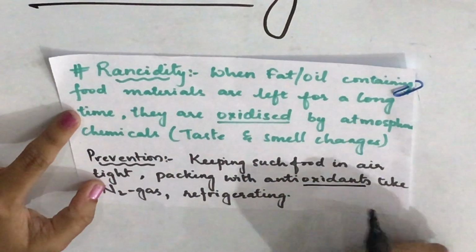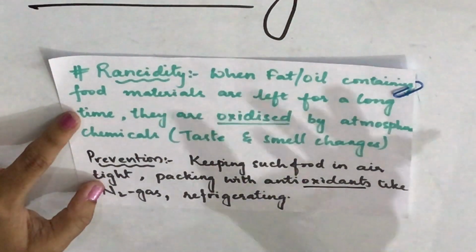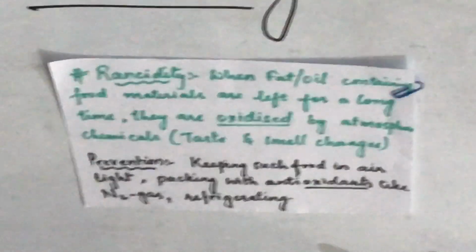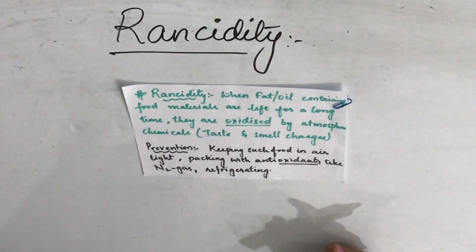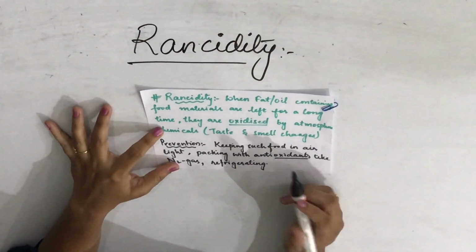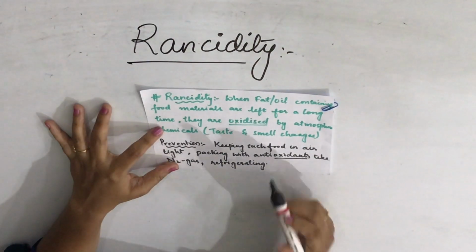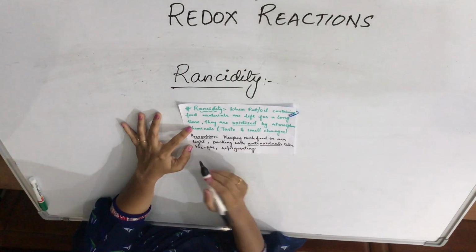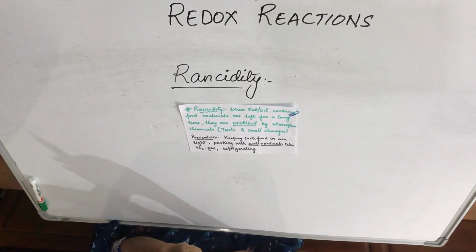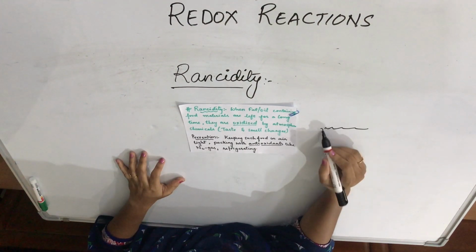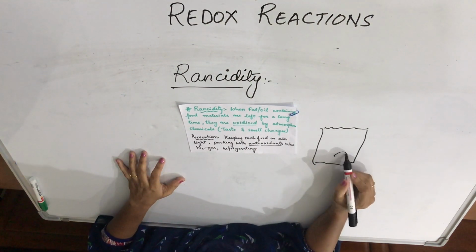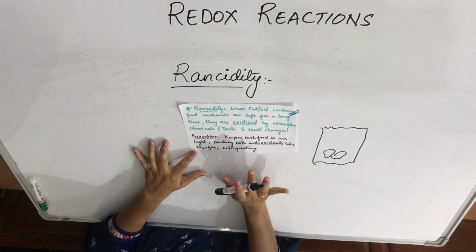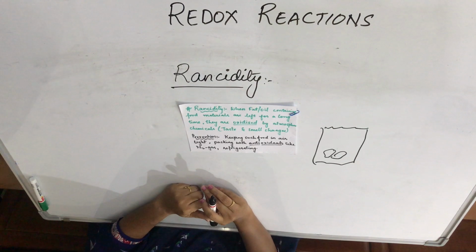Now if you take an apple, oxidation means the color changes or the smell changes or the taste changes. So to avoid oxidation, we use an antioxidant. Now antioxidants like nitrogen gas are flushed into a packet of chips so that your chips packet is still fresh whenever you eat it. And also one more method can be refrigeration.